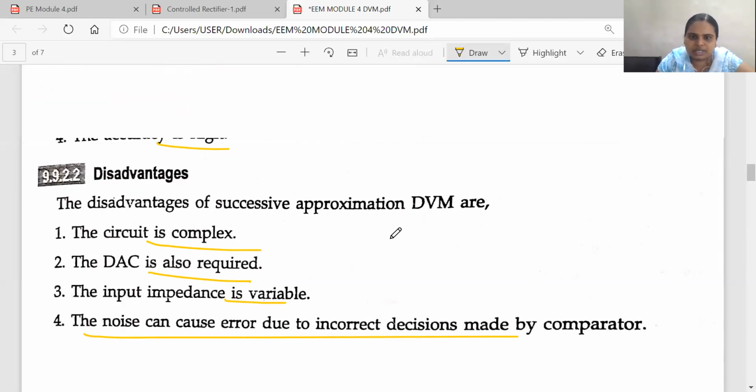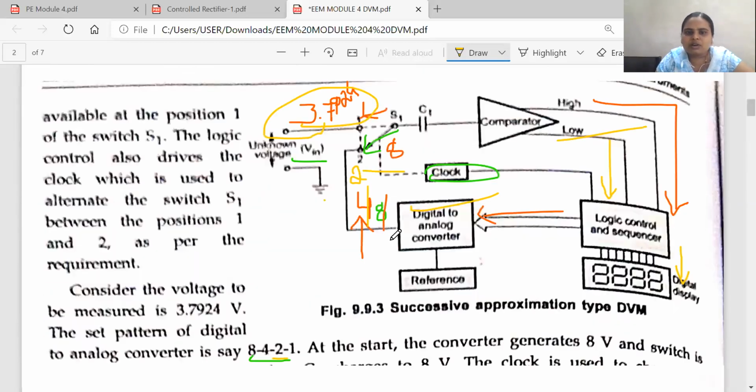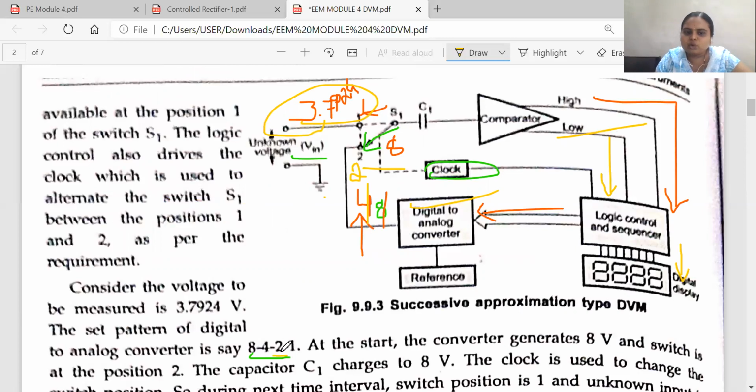As a design matter, if I choose the values 8421, I can compare and get the output. But rather than 3.7924, up to 3 it's okay. Somewhat 3.7 means I can nearly go with the 8.